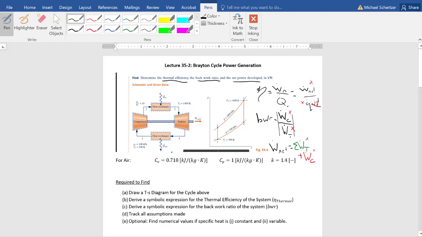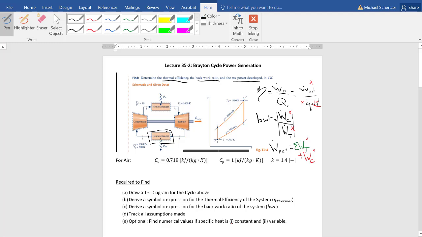And here, we've physically drawn in a heat exchanger for the heat rejection, but this doesn't really exist in the system. The turbine is going to exhaust out to the atmosphere, and then we're going to pull some air in from the atmosphere into our compressor. So in a sense, it's the environment that's our heat exchanger here.